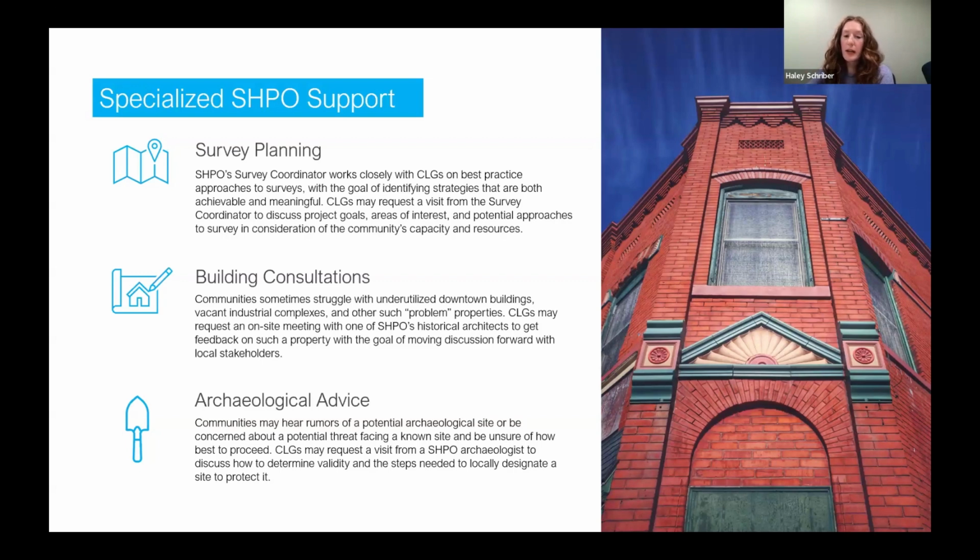Other communities may need help identifying what to do with an underutilized or problem building. So a CLG may request an on-site meeting with one of our historical architects to assess the building and discuss potential uses in the future. And then a final example would be CLGs have the ability to request visits from the SHPO archaeologists if they have concerns regarding threats or wish to locally designate a site.